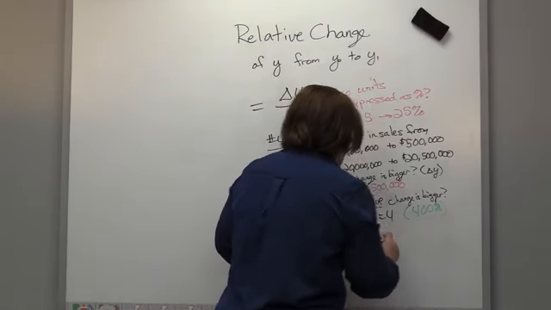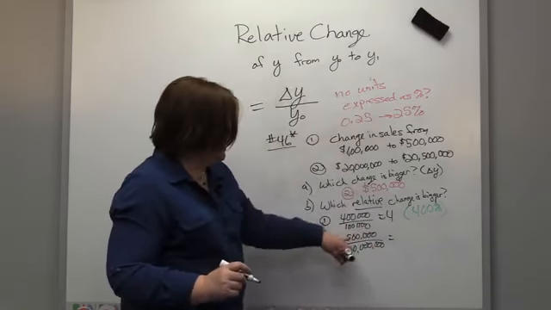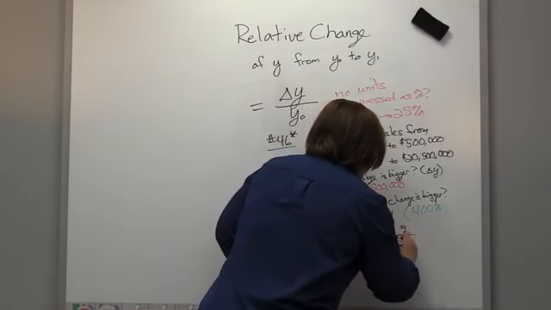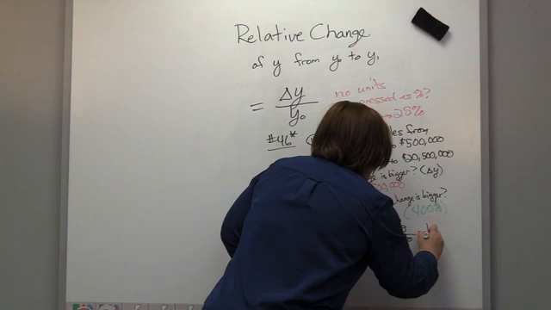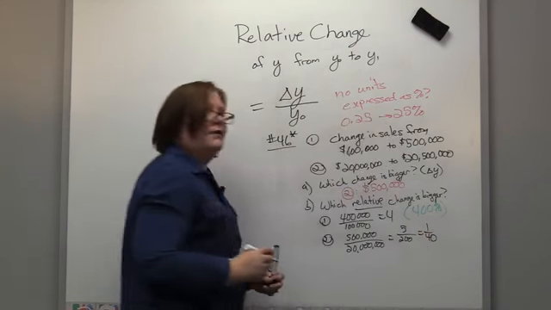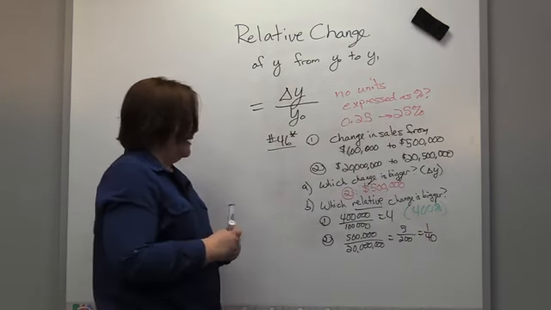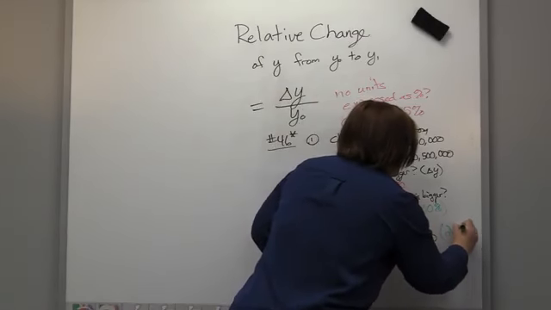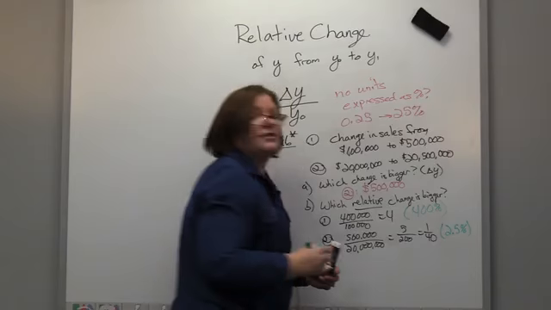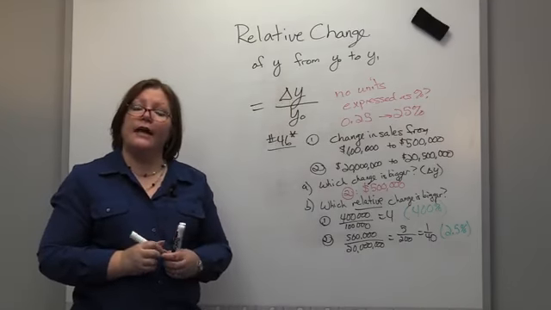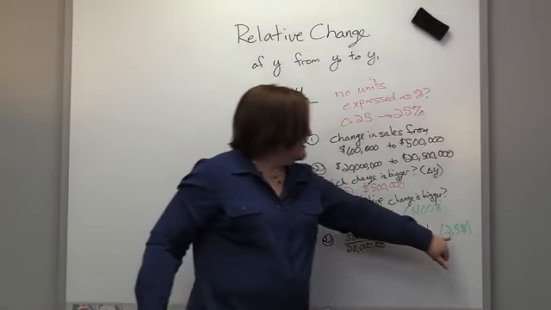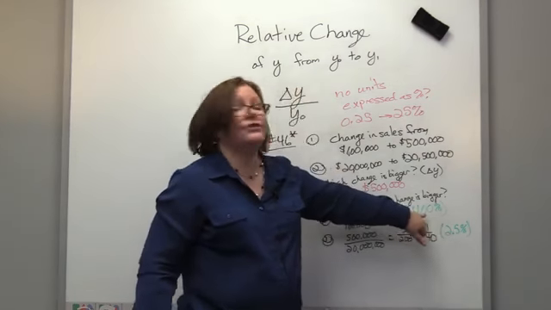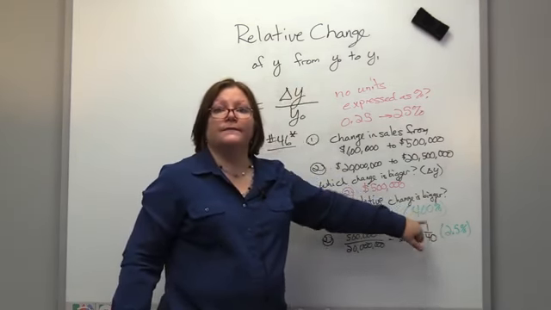So if you do the arithmetic, reduce all of the zeros, you get 1/40th. If you want to change that, it's a very different story when you're looking at relative change. This increase in sales was only 2.5% compared to 400%.